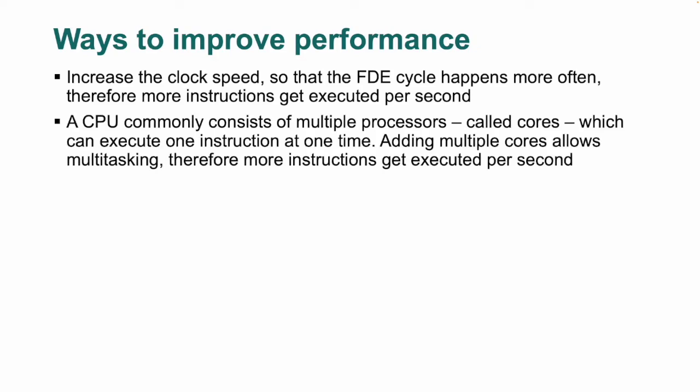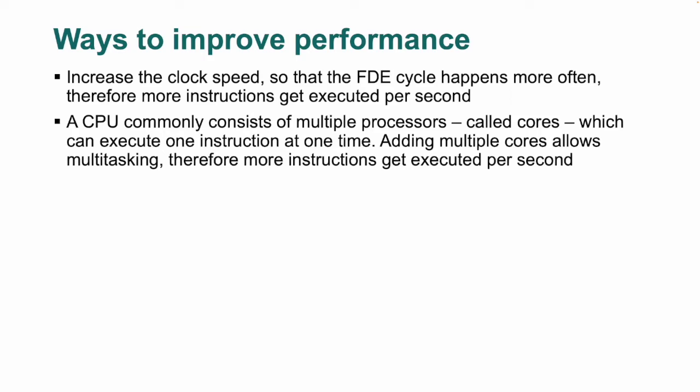Now, a CPU is actually generally not a single processor. It's actually a bunch of different processors together. It's very common that it consists of multiple processors, and these are called cores. Each core has its own registers, although some of them are shared between cores. It's very complicated. But basically, you can think of it as a unit with multiple processors. Each of these cores can execute one instruction at one given time.